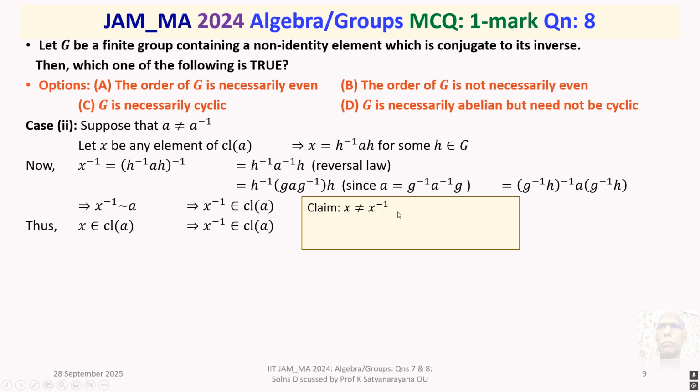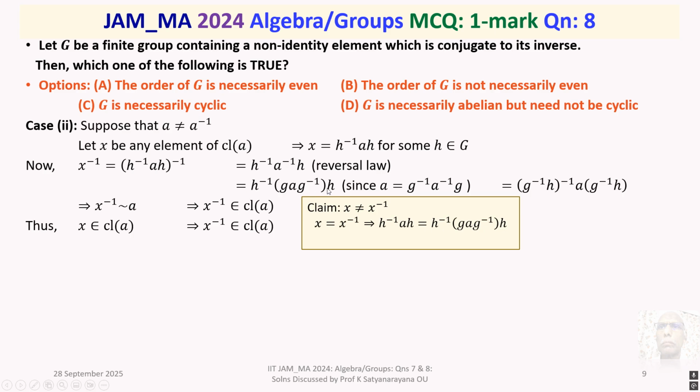If you assume that X is equal to X inverse, then X is what? X is H inverse A H, which is equal to H inverse G A G inverse H. From where are you writing?